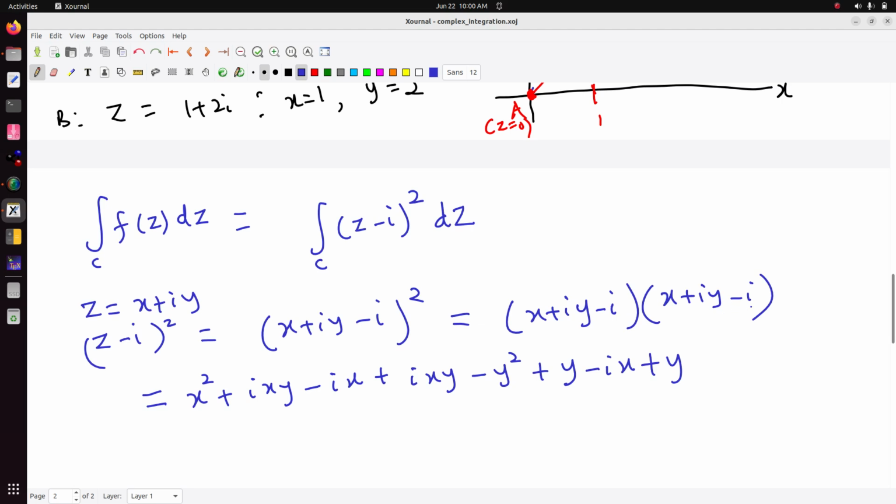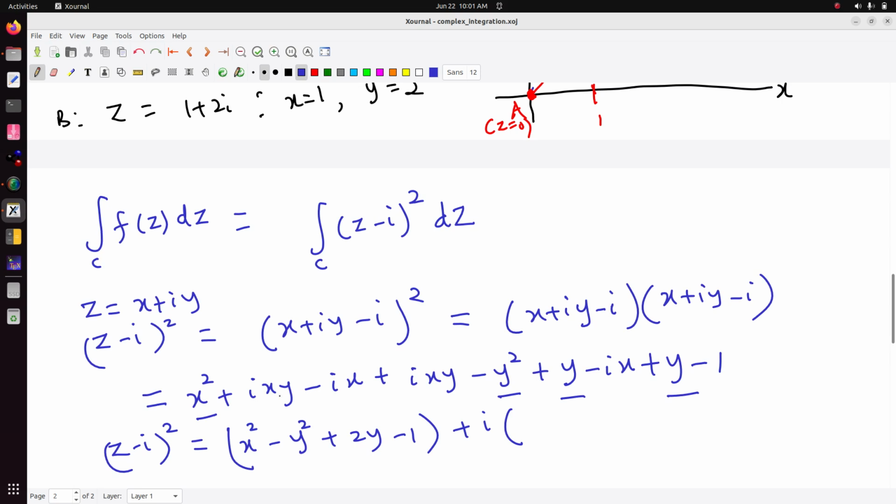Then minus i times minus i: minus times minus is plus, but i squared is minus 1, so that is minus 1. So z minus i, raised to power 2, can be written as x squared minus y squared plus 2y minus 1. These are the real parts. For the imaginary part, plus i times the bracket: we have xy, another xy, that is 2xy, and minus x, minus x, so that will be minus 2x. I think that's all.